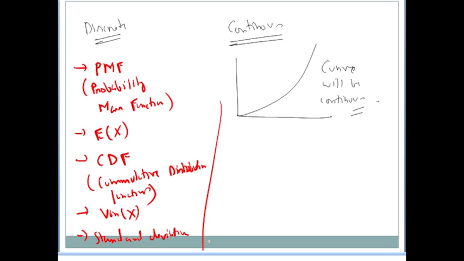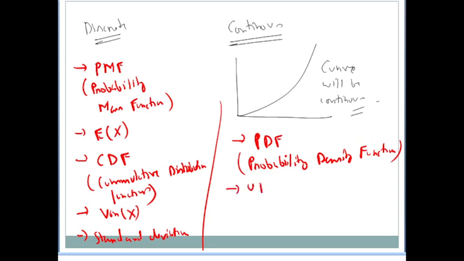Now what will we find in case of a continuous random variable? In case of a continuous random variable, we will have the PDF, that is the probability density function.